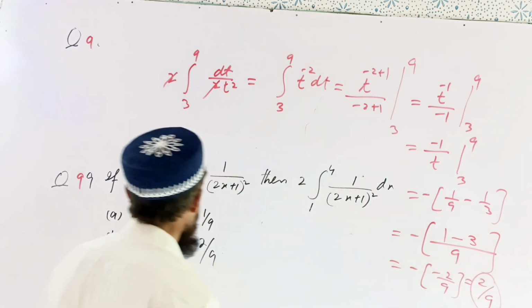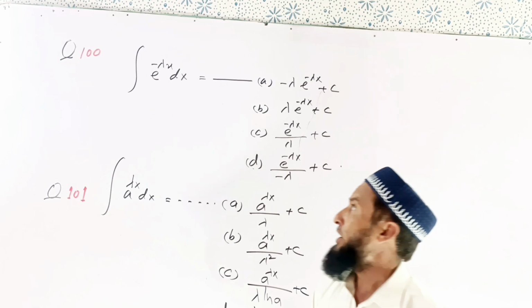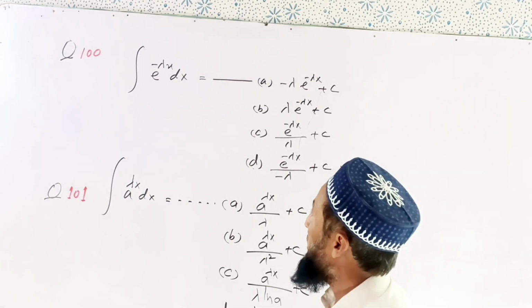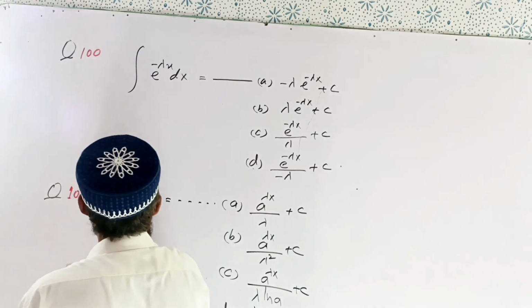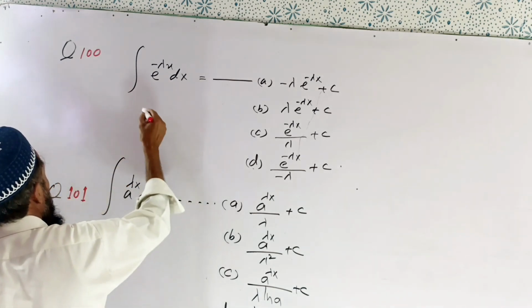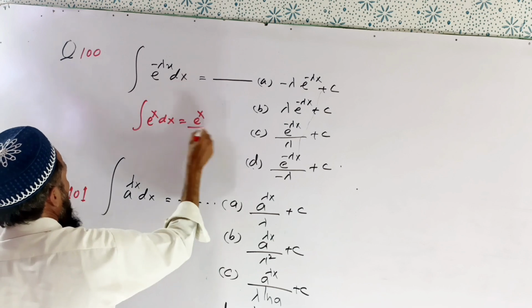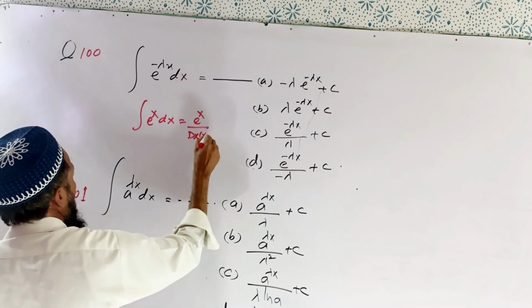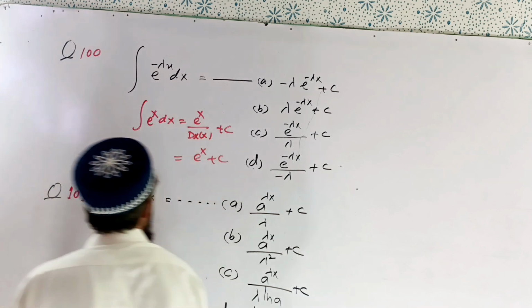2 divided by 9, option D is the correct option. Dear students, as we know, the integration of e power x is equal to e power x, and further the derivative of x, plus c, so we get e power x plus c.